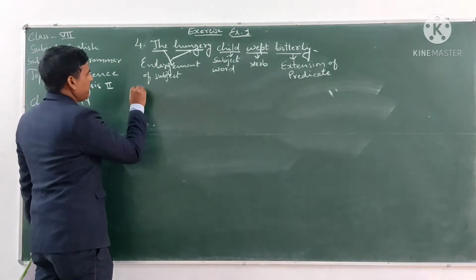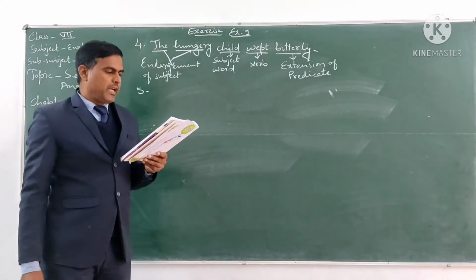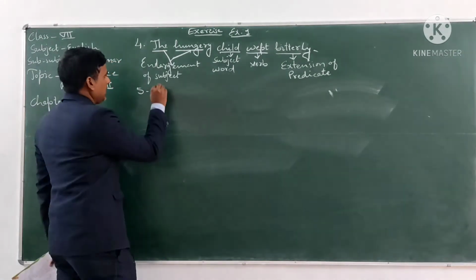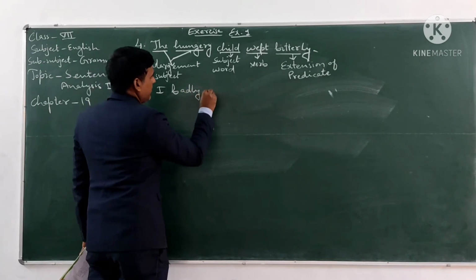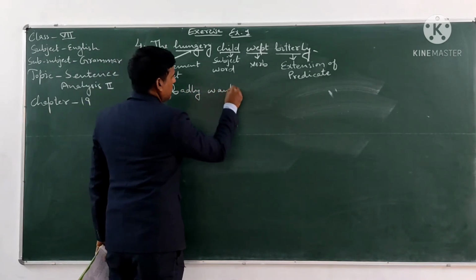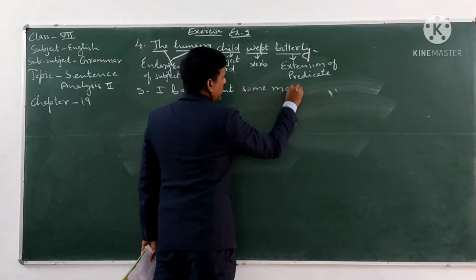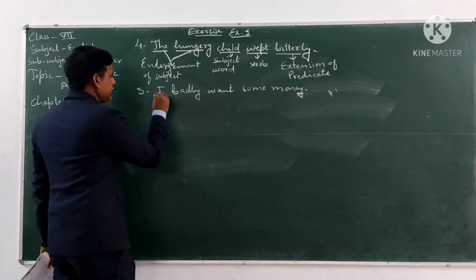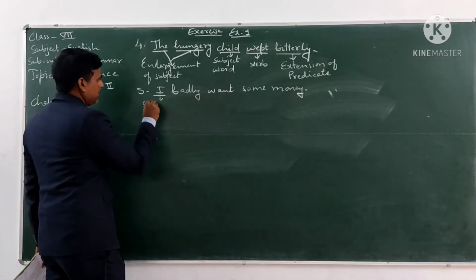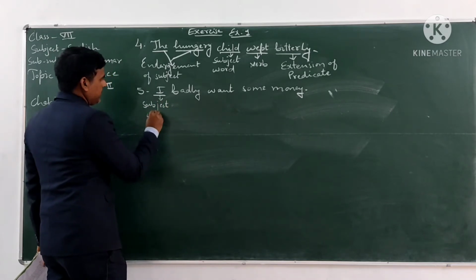Now see sentence number 5. Sentence number 5 is: I badly want some money. In this sentence, I is the subject word.